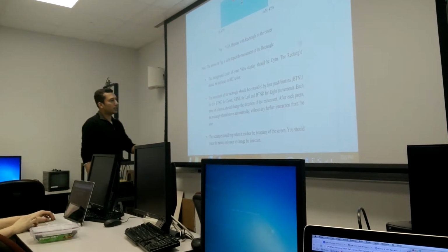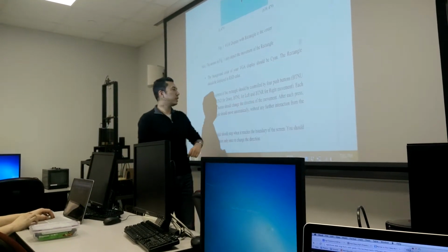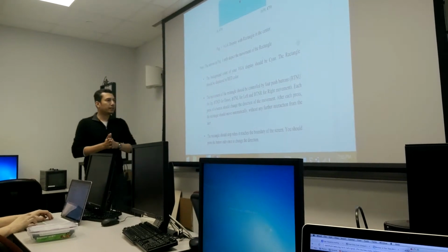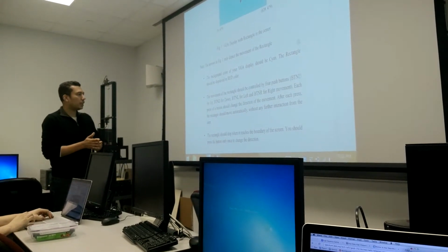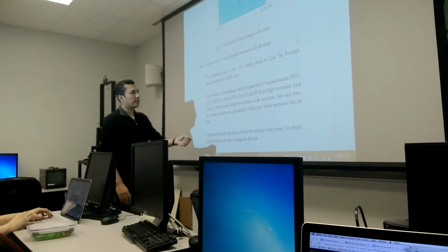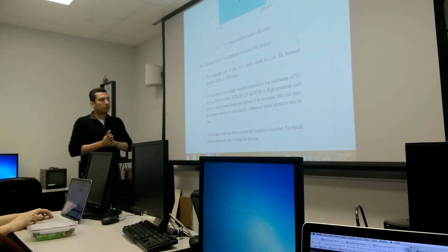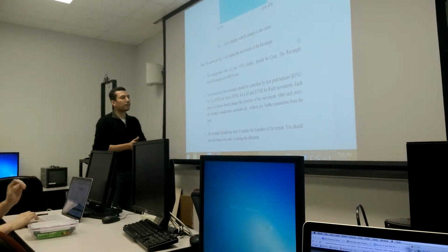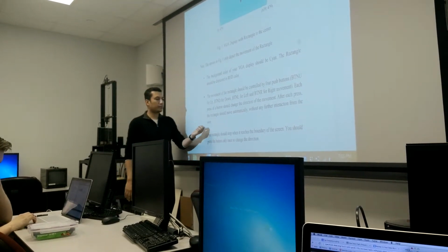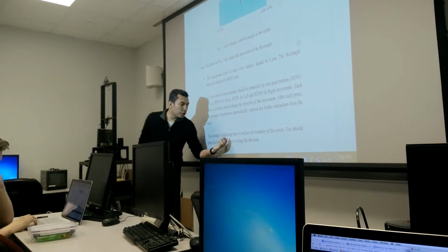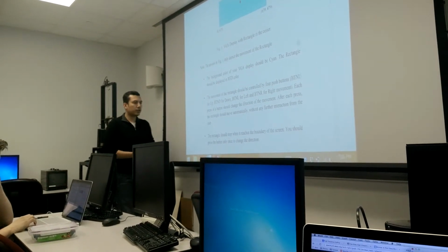The movement of the rectangle should be controlled by these 4 buttons: up, down, left and right. Each button press should change the direction of the movement. And on each press, the rectangle should move automatically without any further interaction from the user. That's an important point. The rectangle should stop if it reaches the boundary of the screen.